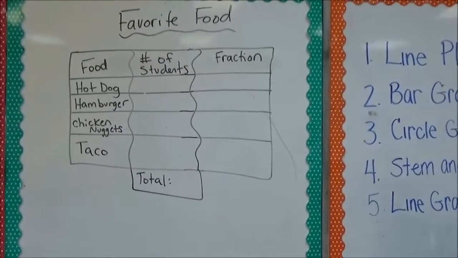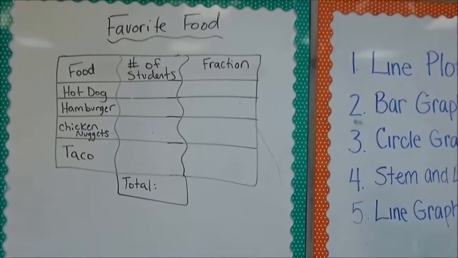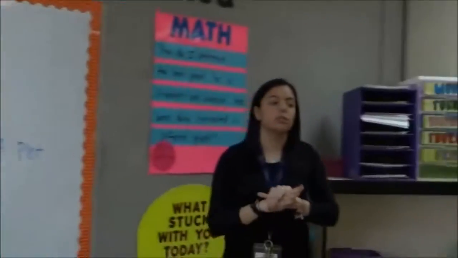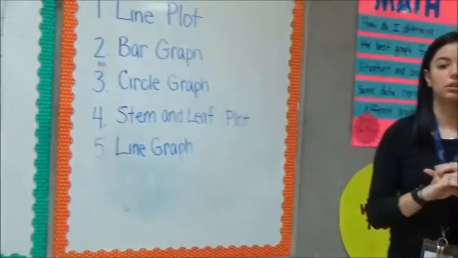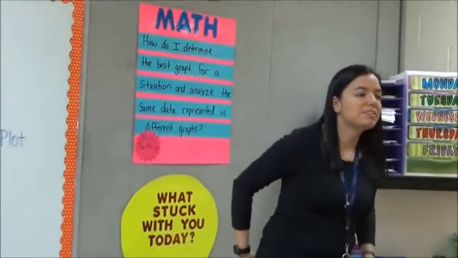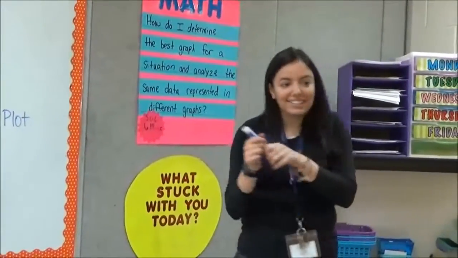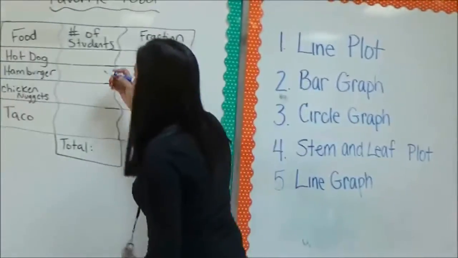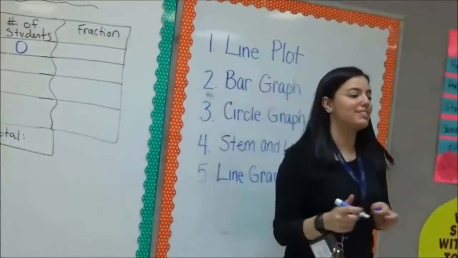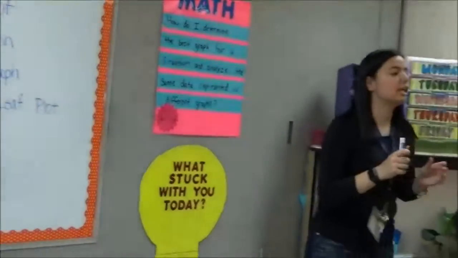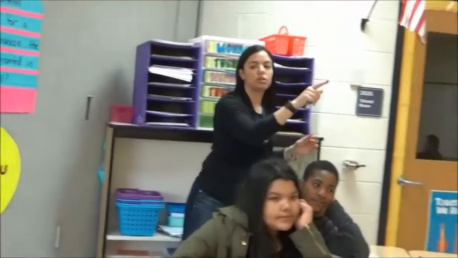1. Okay, so if your favorite food is a hot dog, please raise your hand nice and high. Nobody? Okay. How about hamburgers? Really, really high so I can count you. Okay, raise them again.